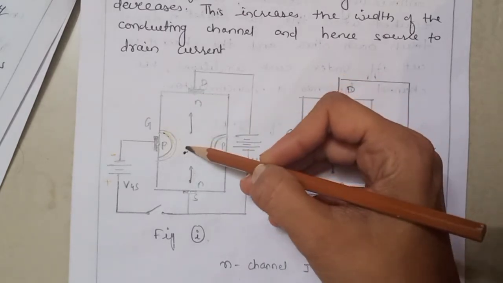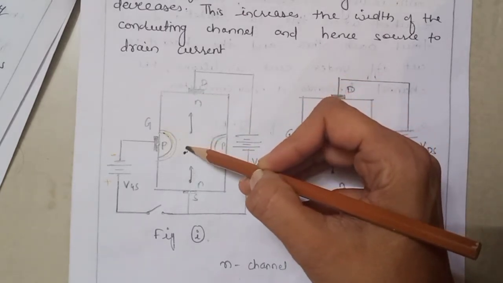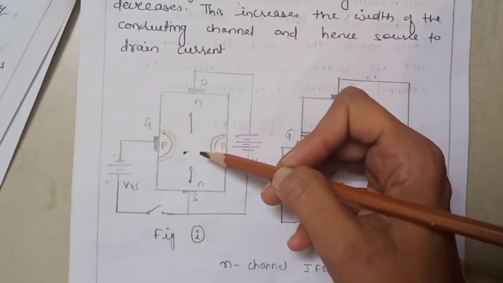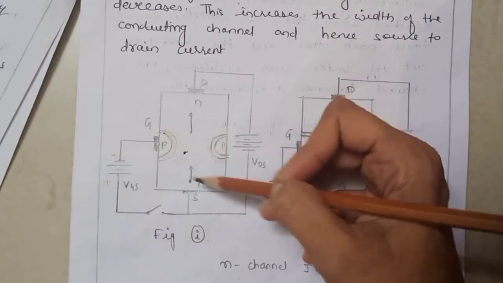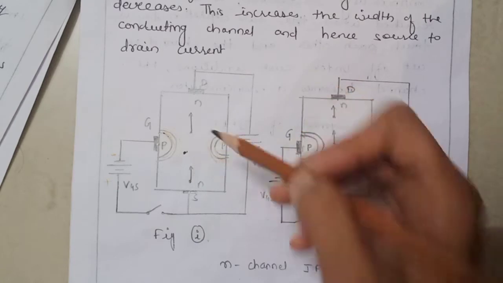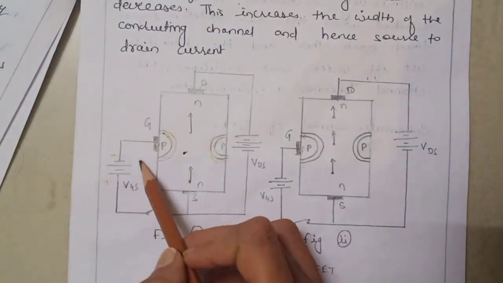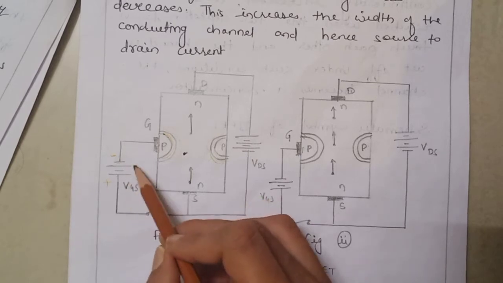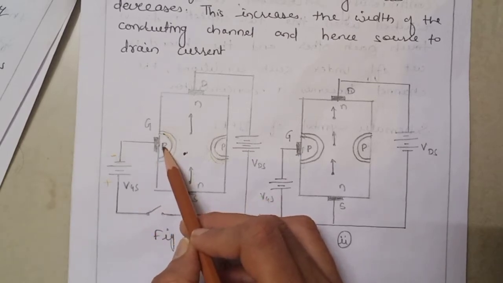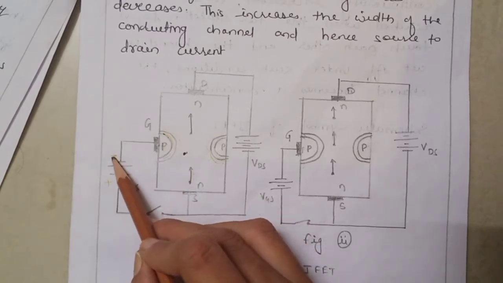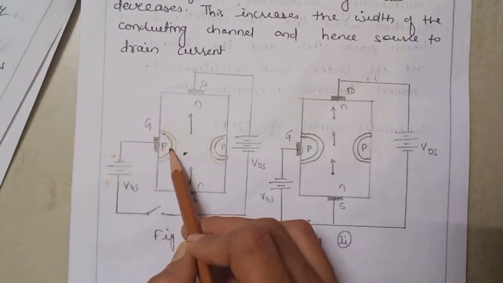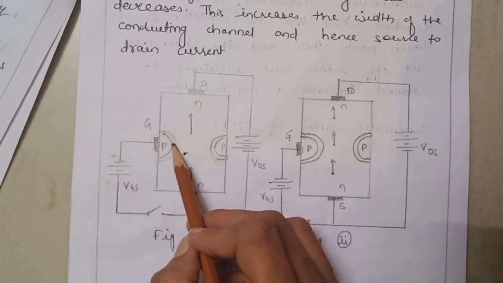The width, and hence the resistance, of this JFET can be controlled by changing the value of the input voltage VGS. This is a P-type region and I have applied negative voltage to it, that means I have applied reverse voltage.